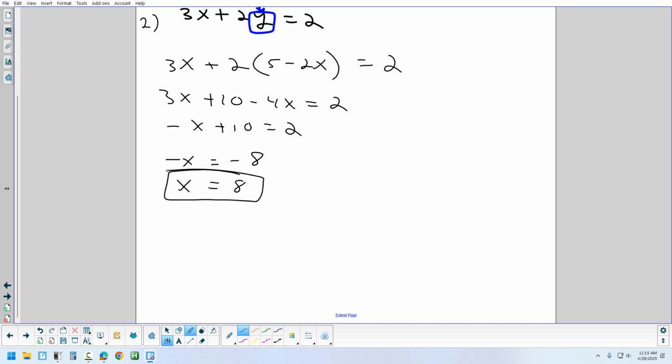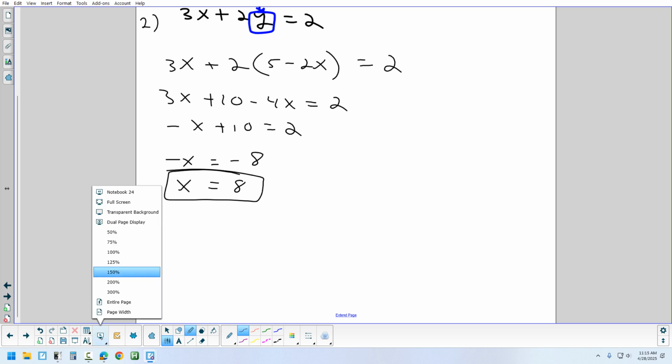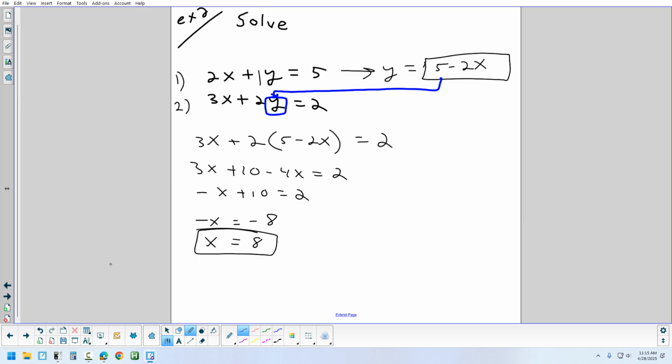There you go. And that is the only answer for x. This was not a quadratic. There's no second answer. Any question on how we got x? Okay, so there's no second answer for x. But what do we still have to find? Yeah, we still have to find y.